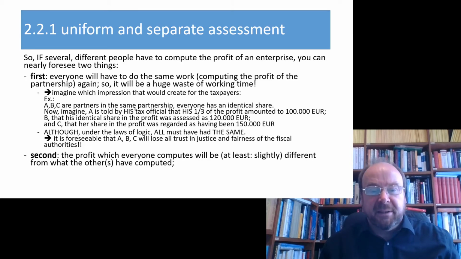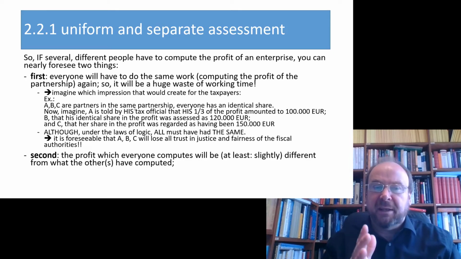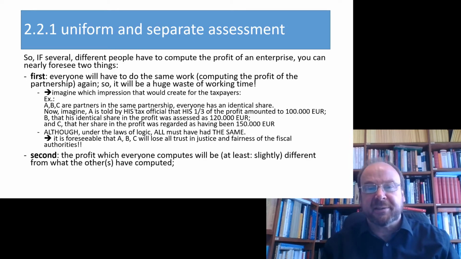Imagine A, B, and C have, as I said, the same partnership. Everyone has 1/3. Now A is informed by his tax official that his 1/3 is, from the perspective of that personal tax official, 100,000. B gets the information, well, I assess you with 120, and C gets the information, your share is 150,000.